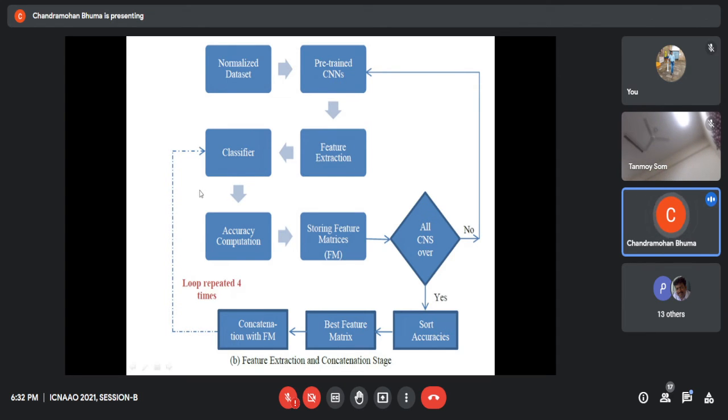So the final feature vector is a concatenation of the 4 best performing feature matrices from the classification accuracy perspective, and that is used ultimately for assessing whether the patient is suffering from Parkinson disease or not. That's why all the 300 convolutional neural networks are tested for accuracy.